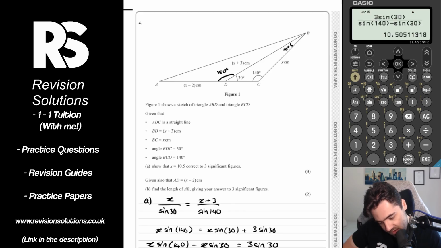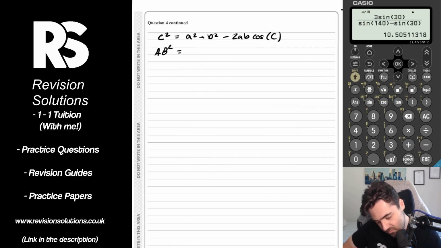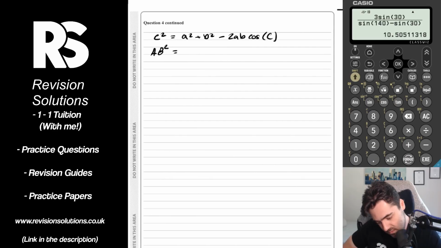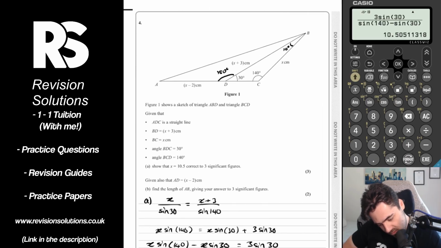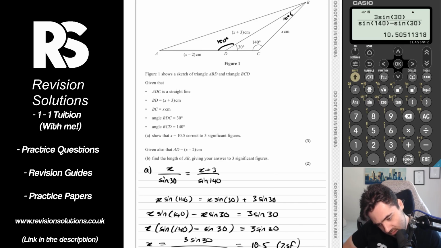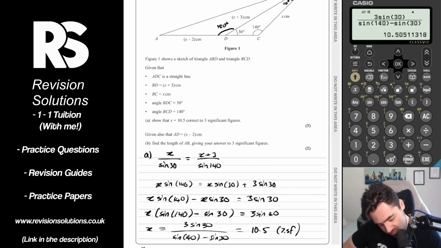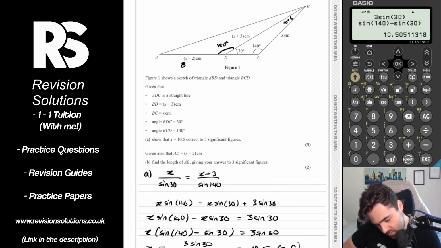So we're after the length AB, so that's our c, right? So AB squared is a squared plus b squared. So let's actually write out what AD and DB are. So that was 10.5. 10.5 minus 2, that would be 8.5.